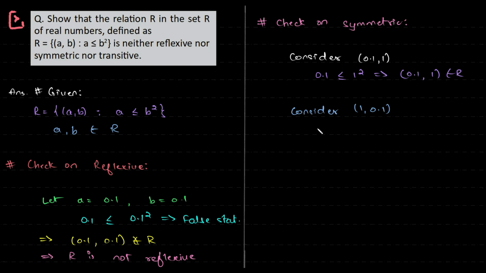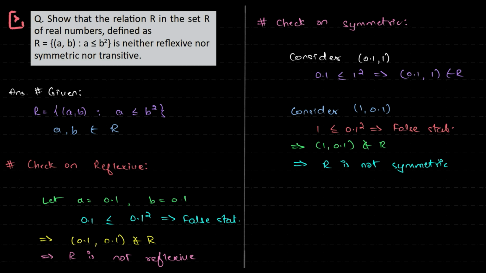So what happens over here? 1 is less than or equal to 0.1 squared. Clearly it's not. It's a false statement. And so from this I can tell that (1, 0.1) does not belong to R, and from this R is not symmetric.